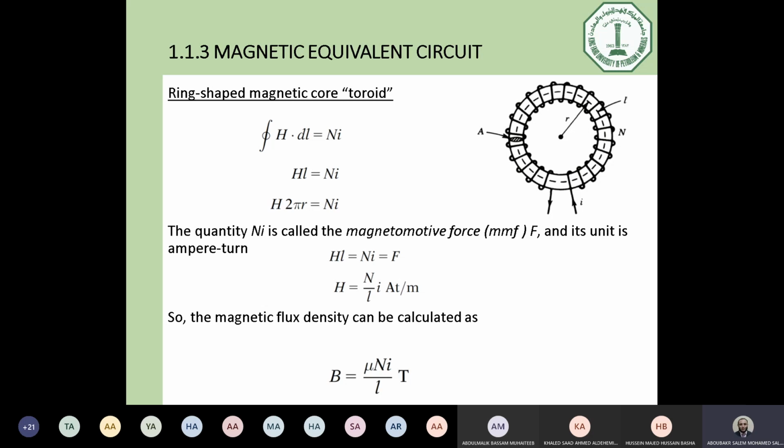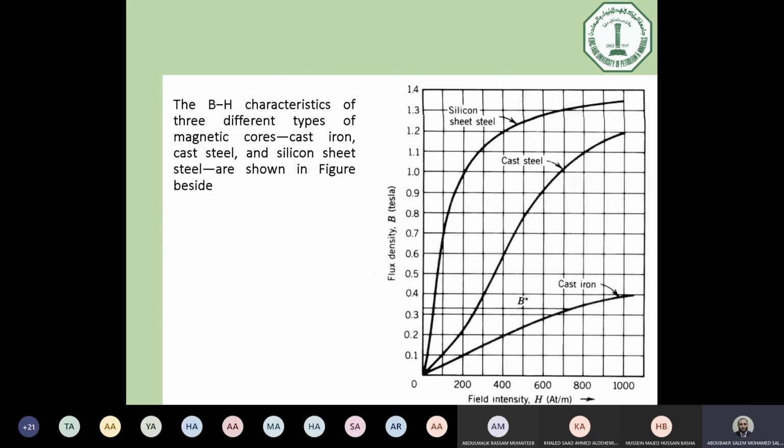If we return back to the curve again, here we will supply the core with small current at 200. However, for sure, at 1000, we have to supply the core with high currents. Is it right? Right. If we change the current from the H value of 200 to 300, can you see the difference in B?